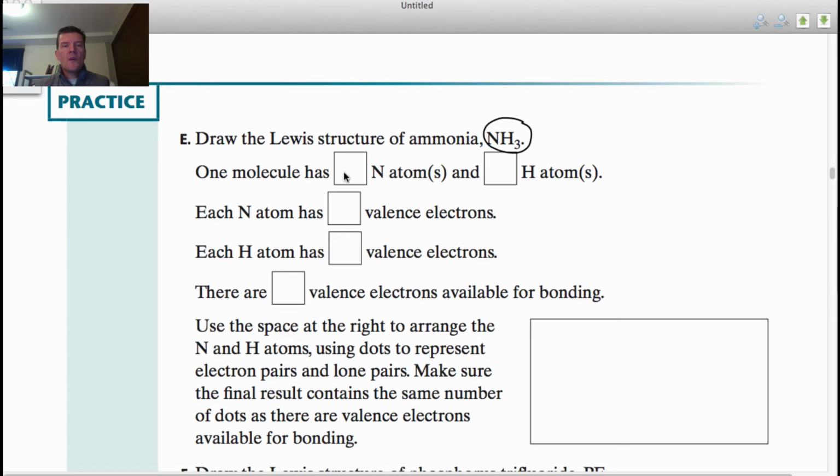This molecule has 1 nitrogen atom and 3 hydrogen atoms, and each nitrogen atom has 5 valence electrons. The hydrogen atom has 1 valence electron, so there's a total of 8 valence electrons available for bonding.